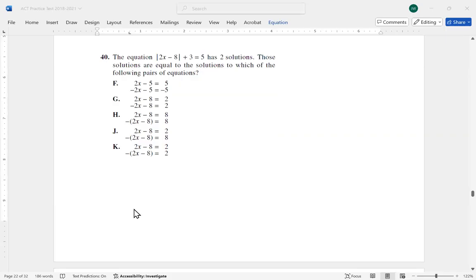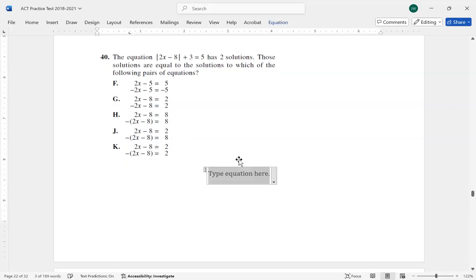Question 40. The equation absolute value of 2x minus 8, plus 3, is equal to 5 has 2 solutions. Those solutions are equal to solutions to which of the following pairs of equations? Now, if you notice, these pairs of equations all have the property that there's 2 terms on the left, 1 number on the right.